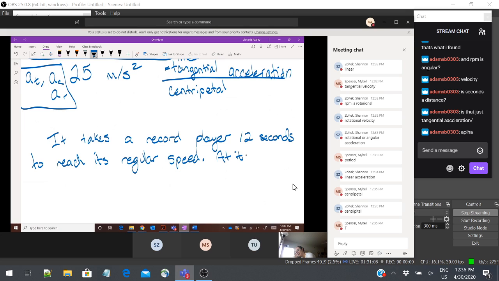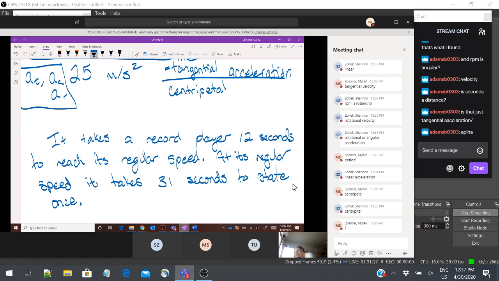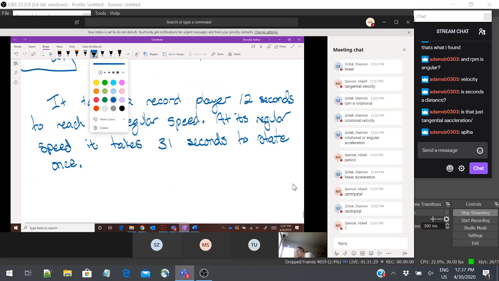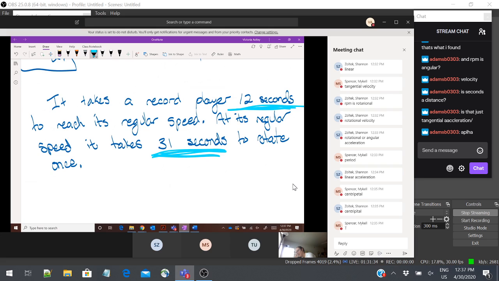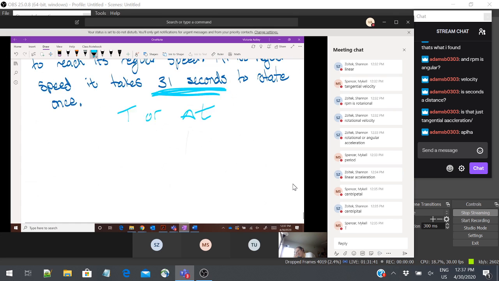At its regular speed, it takes 31 seconds to rotate once. I have two numbers that are in seconds. These could be T or delta T. Which is which? Or are they both the same?